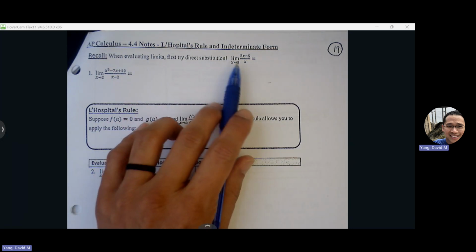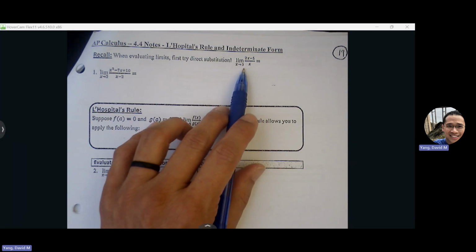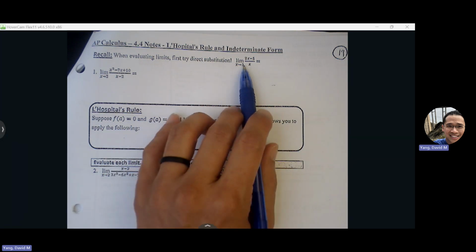So when we're evaluating limits, the first thing we do if we're approaching a real number is we always plug in through direct substitution, right? That's always our first step. We never do anything different other than that. So first things first, if we evaluate our limit here, what are we going to get?